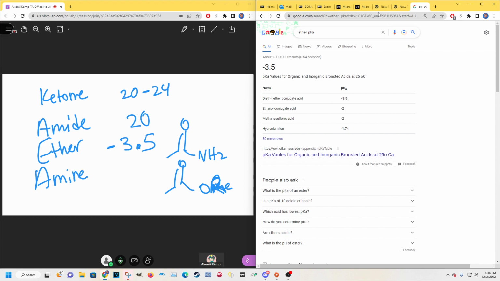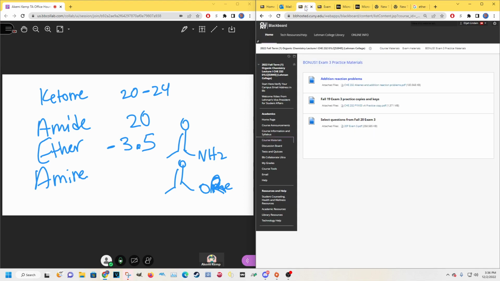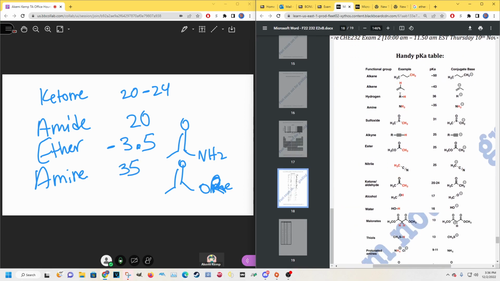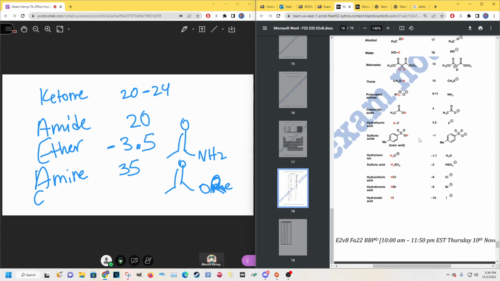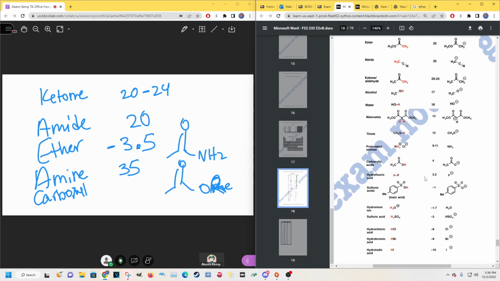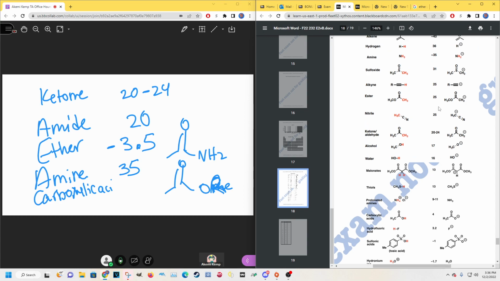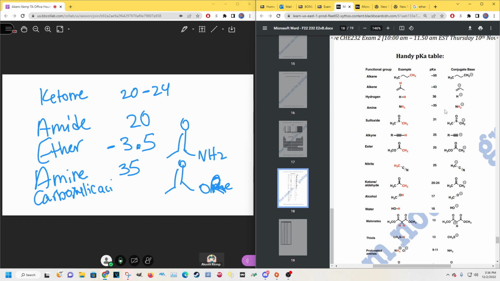So for the amide we see here, that's about 35. And then the last one we said was carboxylic acid. Yeah, that one's listed here. That one's 4. So ketone between 20 and 24.